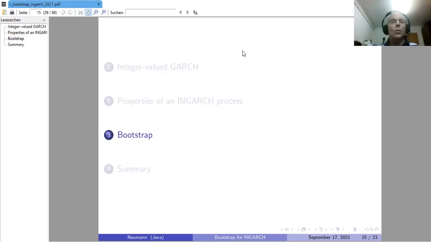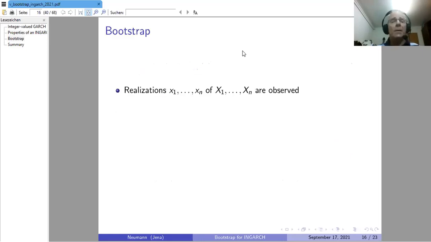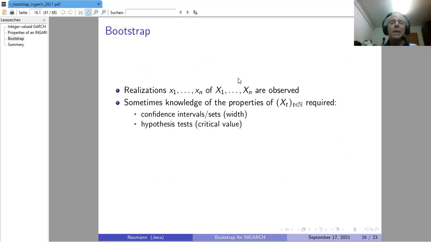Okay, so bootstrap. Suppose that we observe realizations small x1 up to small xn of our INGARCH process. For example, for the construction of confidence intervals or for setting critical values for hypothesis tests, it is required that we know at least some of the properties of the underlying process.